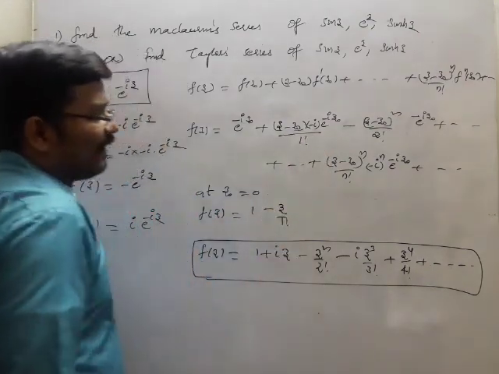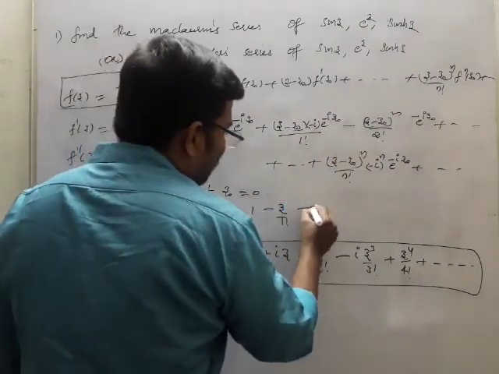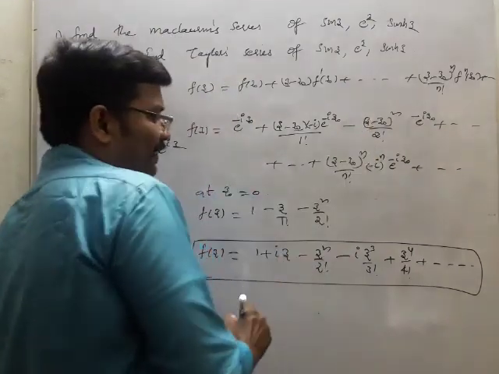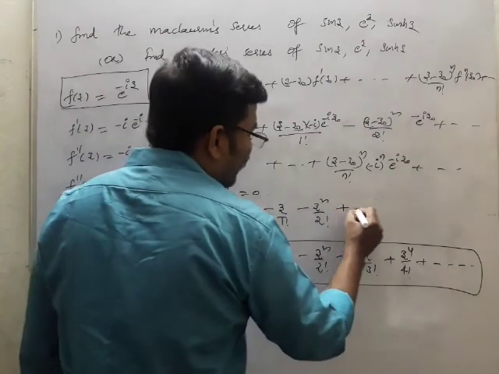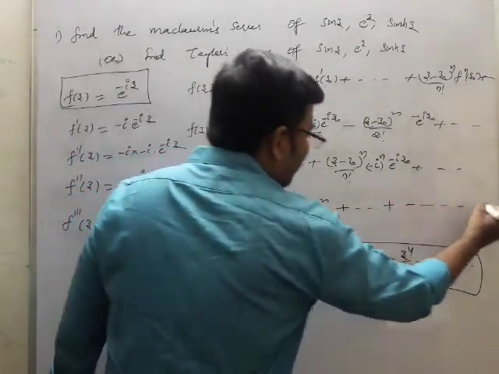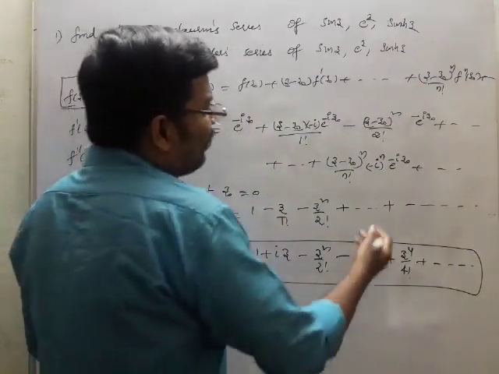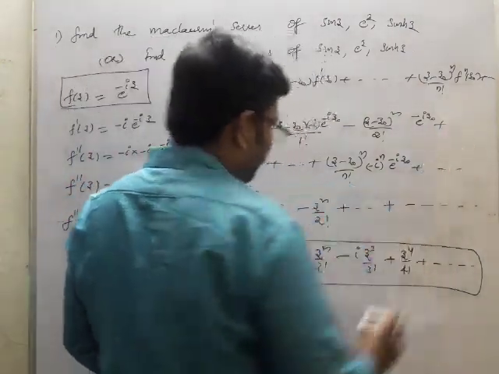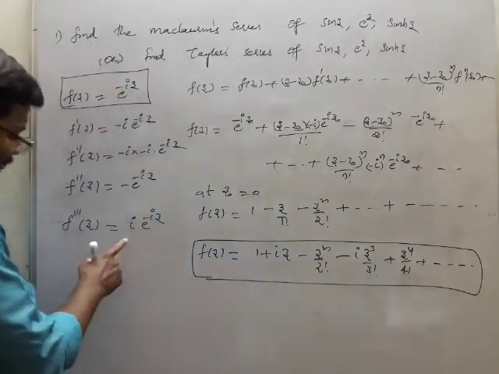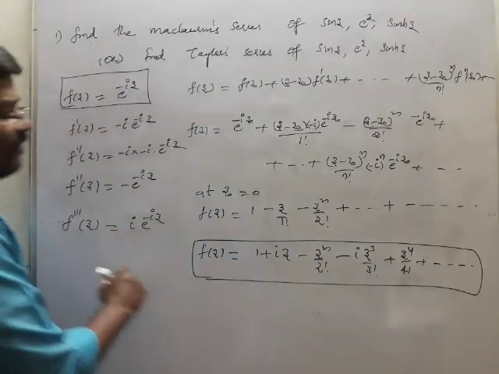Now this becomes again minus z square by 2 factorial, plus and so on. Plus again the last value you will be getting. If you are able to write z cube, because z power 4 is also there, so z cube, this is triple dash. So what is that now?